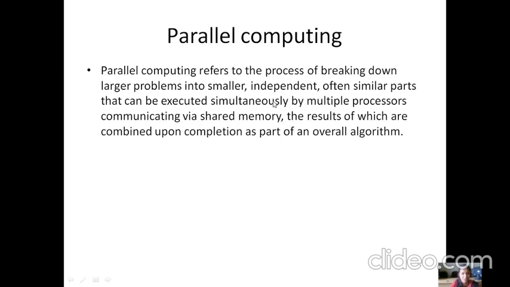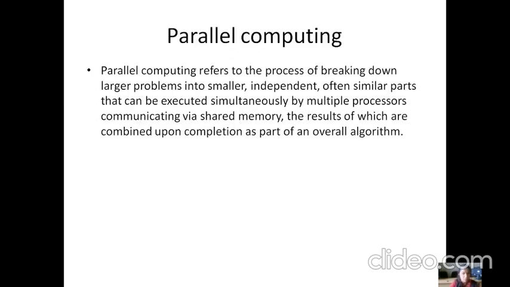Now let's talk about parallel computing and how it works. Parallel computing refers to the process of breaking down larger problems into smaller, independent, often similar parts that can be executed simultaneously by multiple processes, communicating via shared memory, the results of which are combined upon completion as part of an overall algorithm.